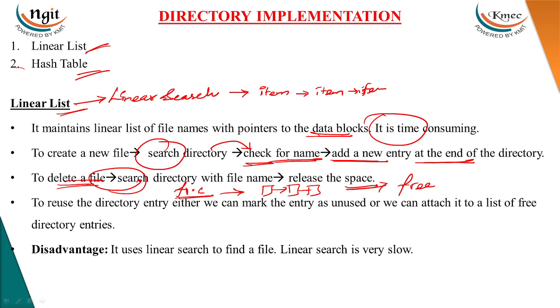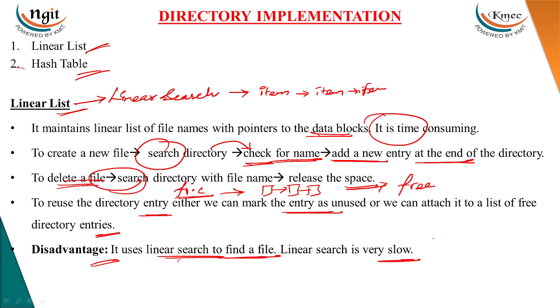To reuse the directory entry, either we mark the entry as unused, or we attach it to the list of free directory entries. The disadvantage is that linear search takes more time, because linear search is very slow.